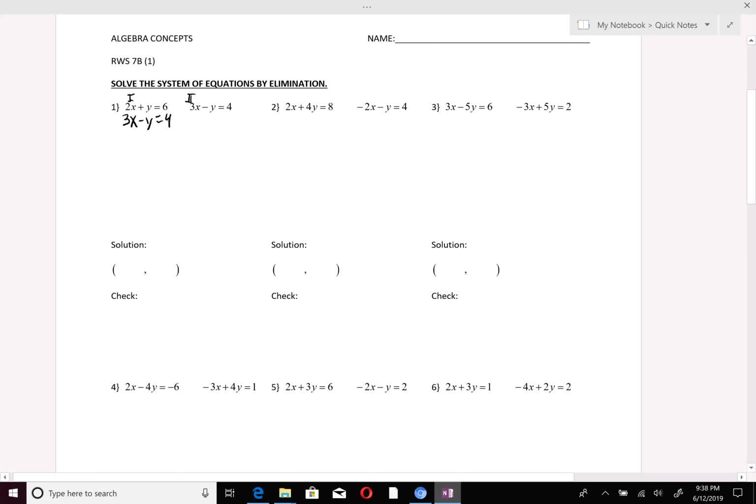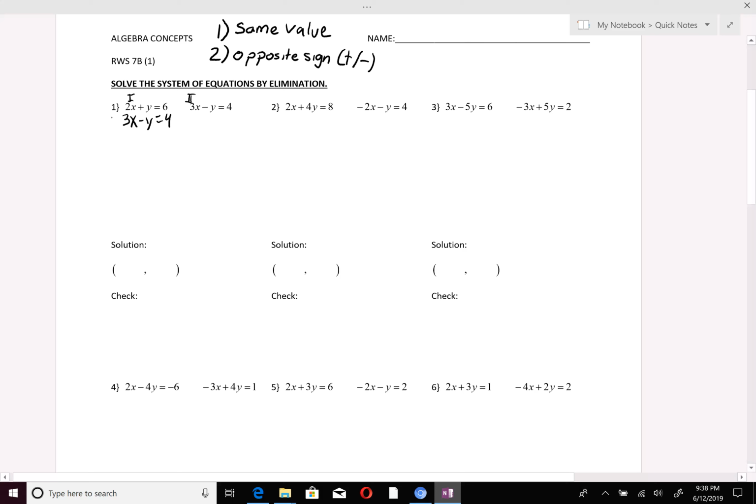And the whole point of elimination is to get one of the two variables to eliminate. And the way that you do that is first by getting them to be the same value, and then second, opposite signs. Meaning one is positive and the other is negative.